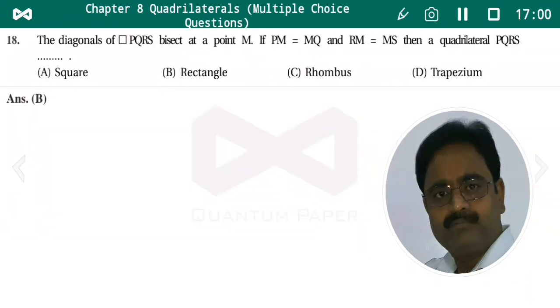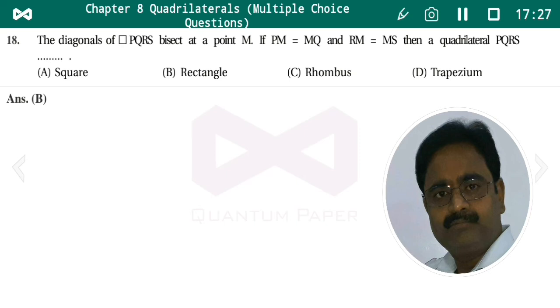Okay, just see, students. The diagonals of quadrilateral PQRS bisect at point M. Okay, चलो quadrilateral है और उसके diagonals point M पे bisect करते हैं. Okay, so dear students, of how many figures the diagonals are bisecting?